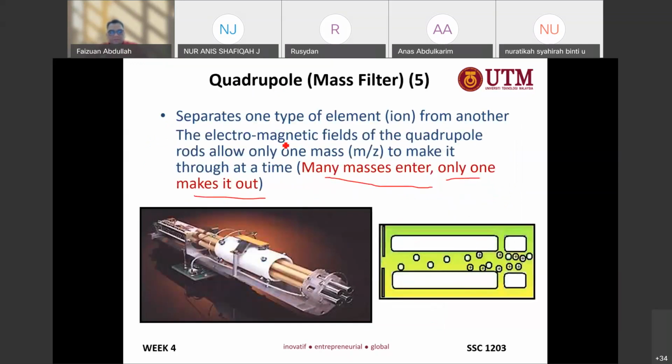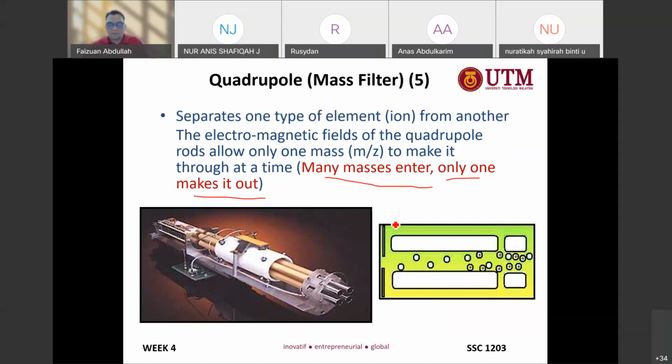Detector, mass spectrometry. The detector is no longer using the optical emission technique, right? It is using the mass of every single ion. So in this part, single atoms of elements are being counted.